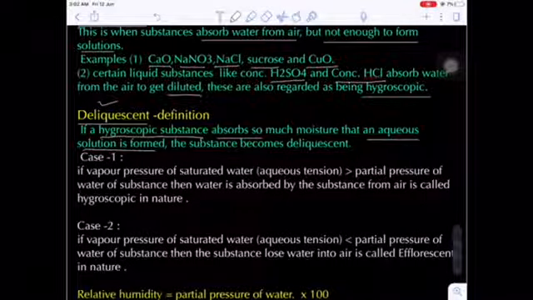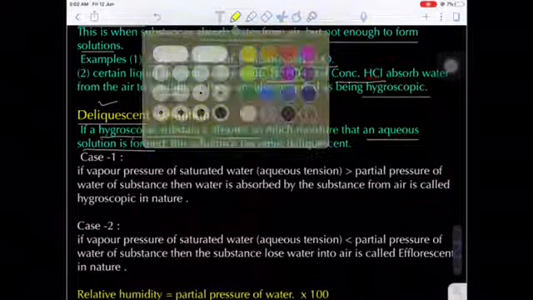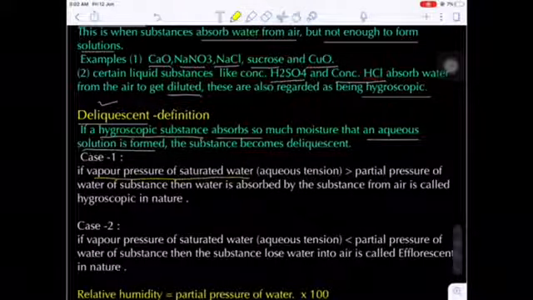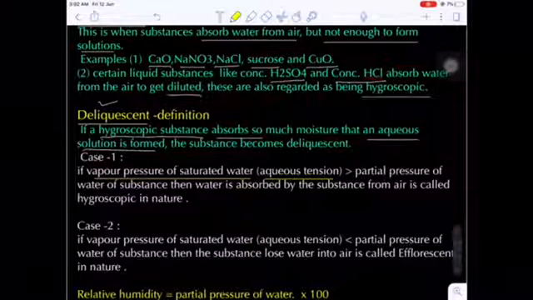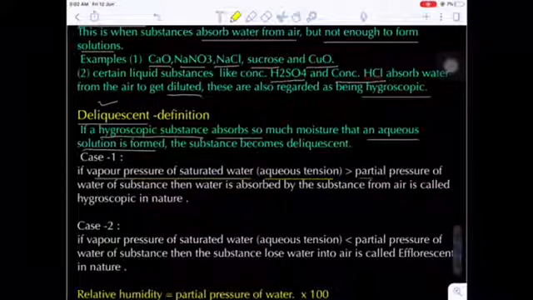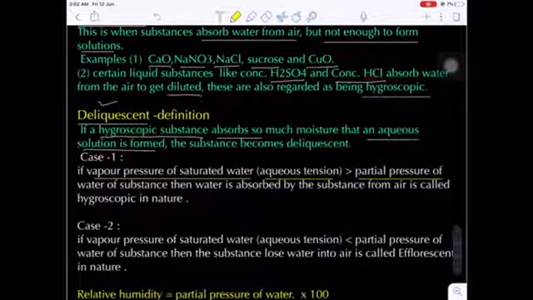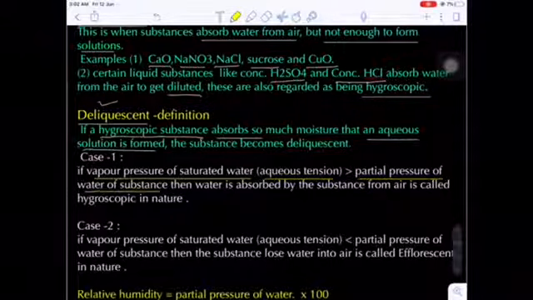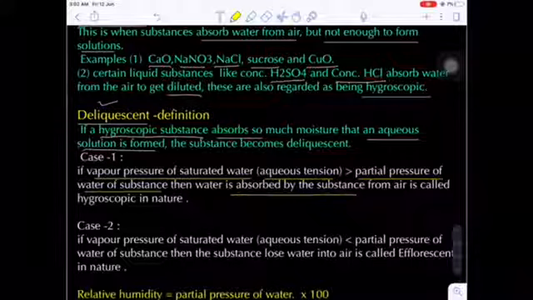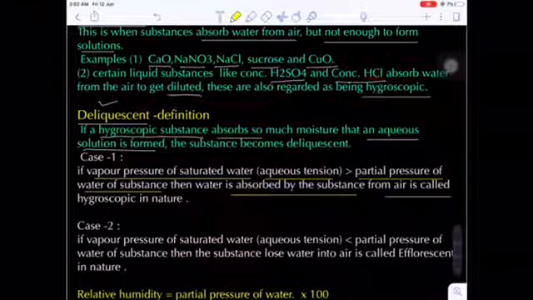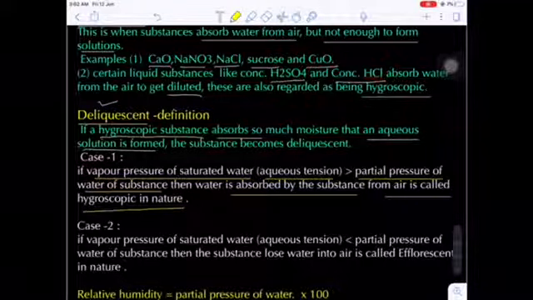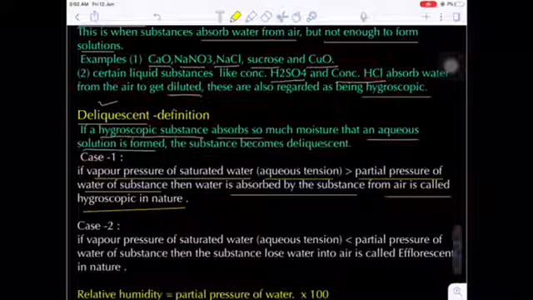Now here, the vapor pressure of saturated water is known as aqueous tension. If the vapor pressure of water is more than the partial pressure of the water corresponding to the substance, then water is absorbed by the substance from the air, and such a substance is referred to as a hygroscopic substance.